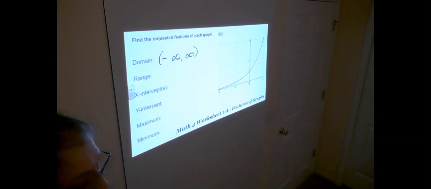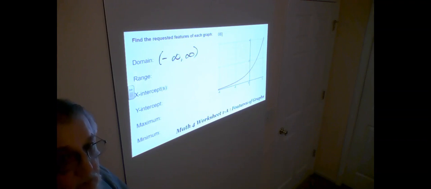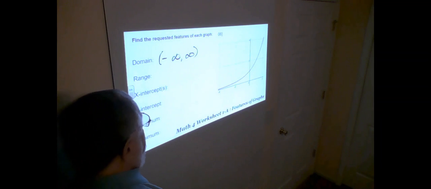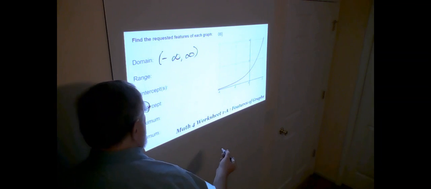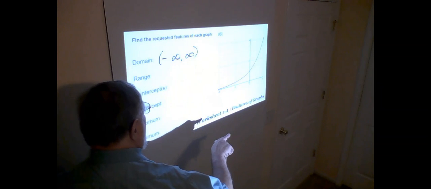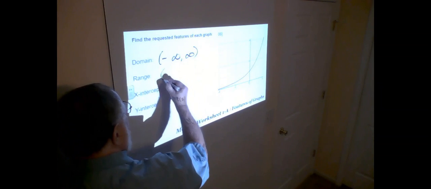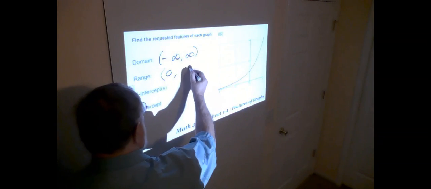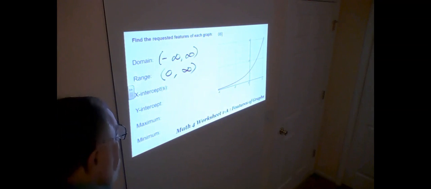That's one of the things about an exponential function like that, is that it can never be 0, it can never be negative, at least not in standard form. So it's not going to get any lower than 0. It will never touch 0 but the range will go forever up toward infinity.